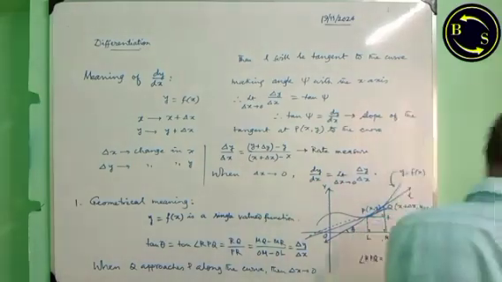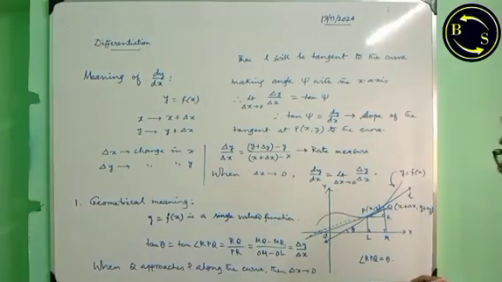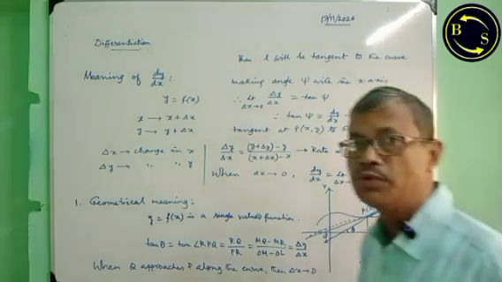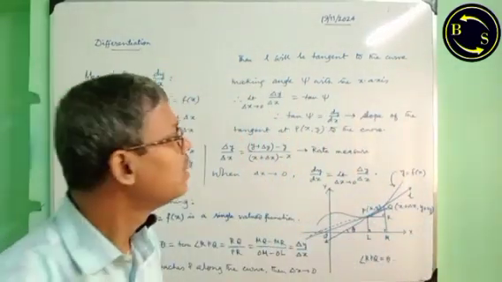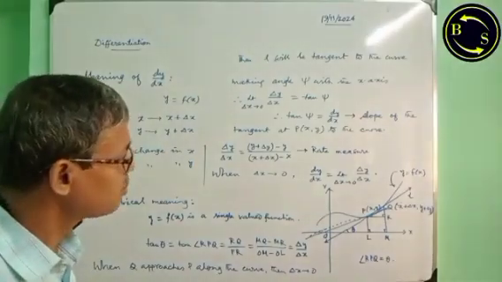Let us repeat. Therefore, the geometrical meaning of dy dx is the slope of the tangent to the curve y equal to f of x at the point (x, y).